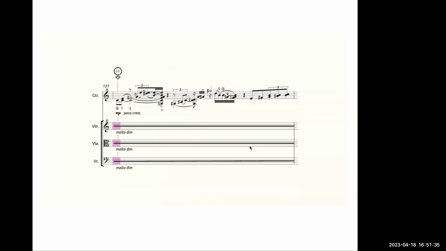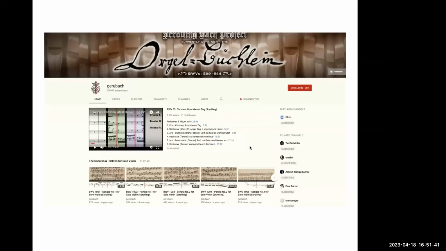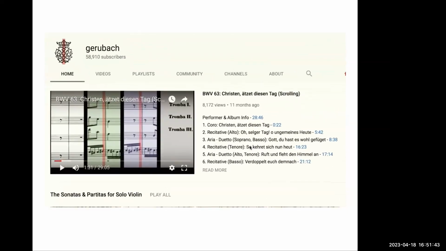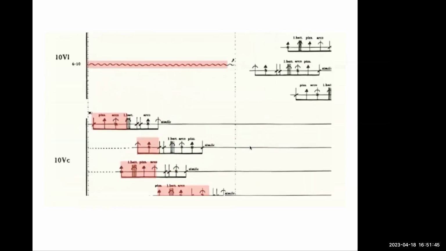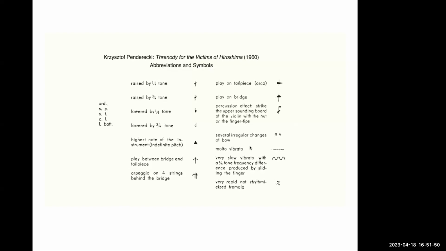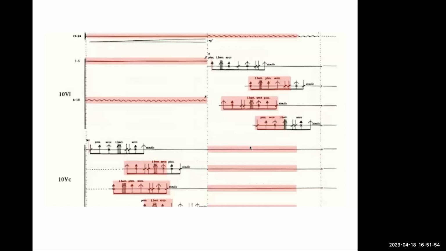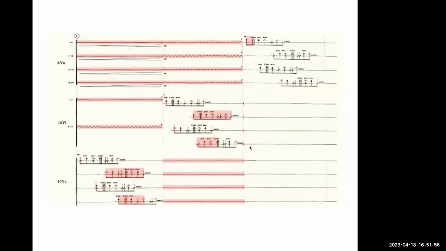Another classic variation of this idea can be seen in Penderecki's Threnody for the Victims of Hiroshima, which has been fully animated on this channel, Gerobach, which I highly recommend you watch. Each of these strange symbols represents a different unconventional way that a player can strike their instrument, which, along with loosely coordinated looping, creates a sense of pure mayhem.